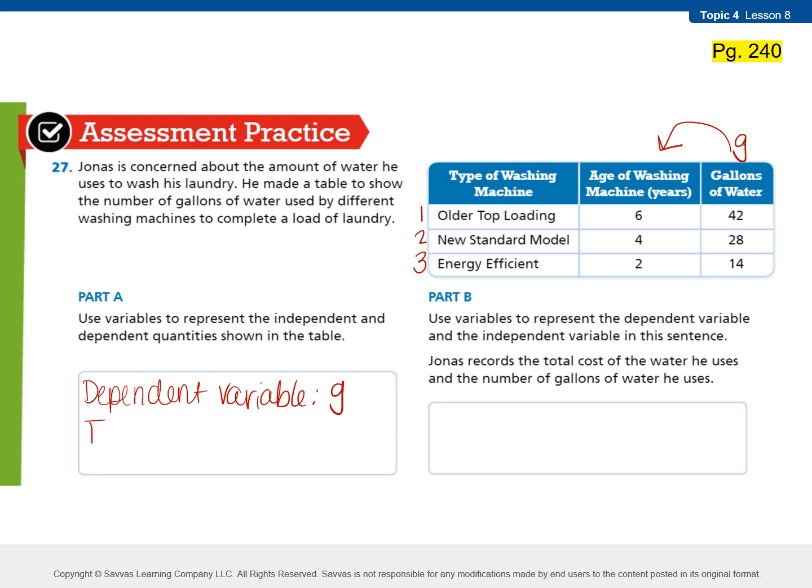So the independent variable would represent, we'll go for A, the variable A, the age of your washing machine.